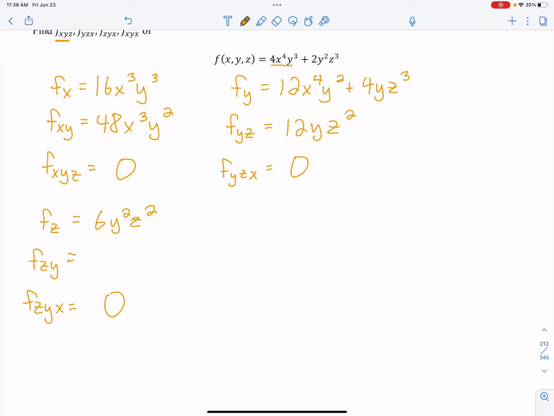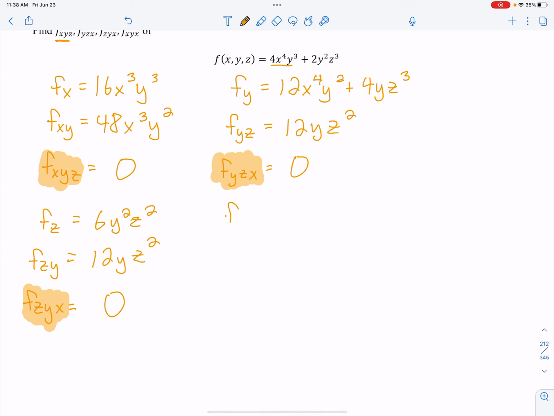And then we take our derivative of that with respect to y. So that gets me 12y z squared. And then the last derivative with x is 0. So notice we have this, that one, and that one are all the same because each partial is a continuous polynomial, and we have the same letters.